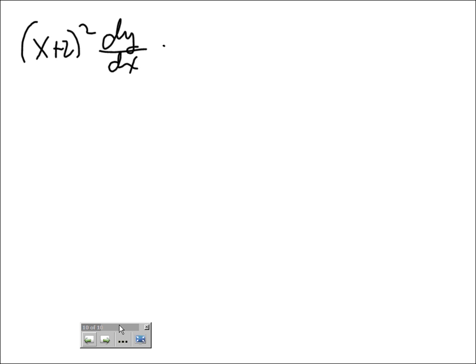(x + 2)² dy/dx is 5 minus 8y minus 4xy. So remember, next to the dy/dx, I want to get some multiple of y. I'm going to bring both of these over.